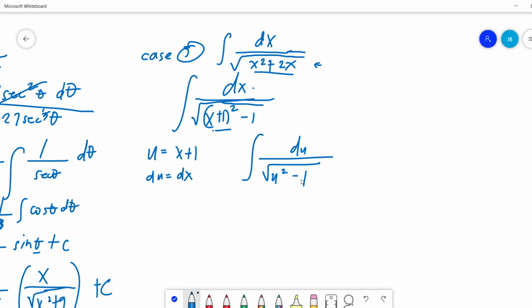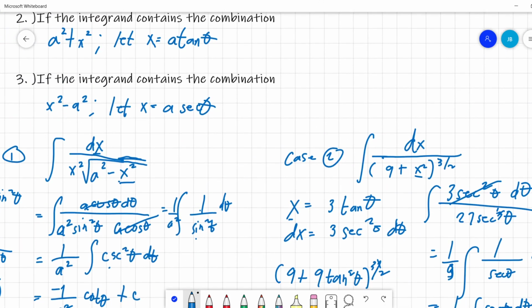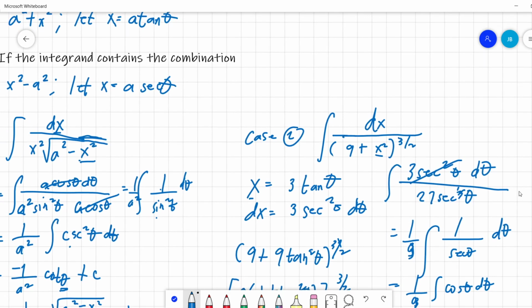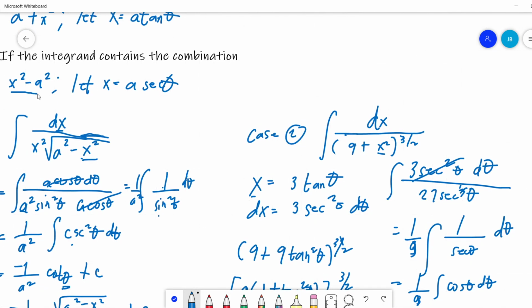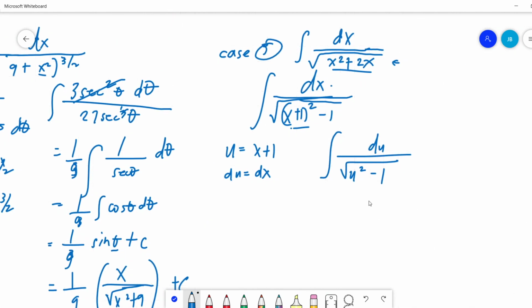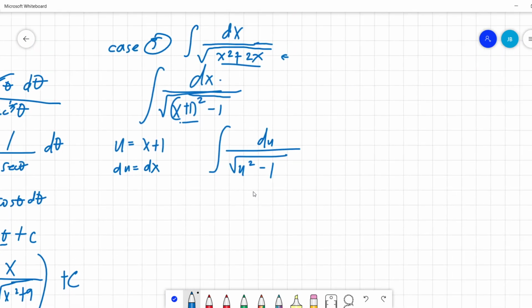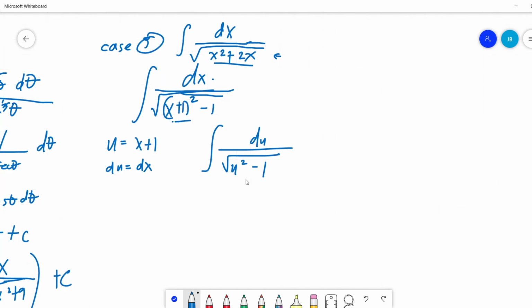So if you look again at the cases here, u squared minus 1, it matches. So x squared there represents u squared here. It doesn't matter what variable we use as long as our answer is correct and we understand the theory, even if it's B or C or D, there's no problem with that. Okay, so let u be equal to a secant theta.